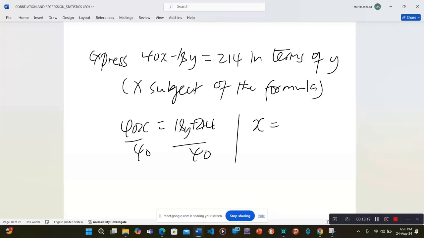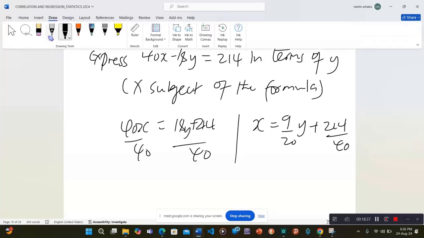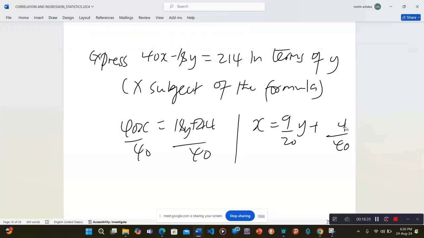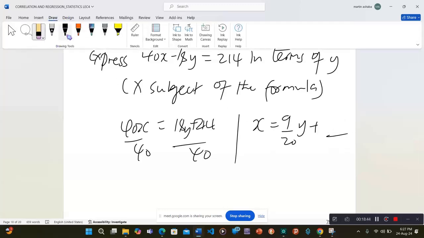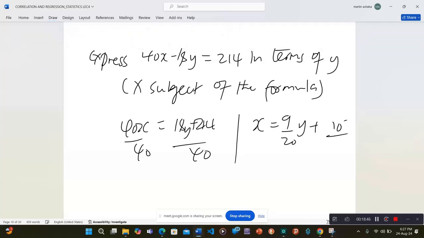My x is equal to 18 by 2, I have 9 out of 20 times y plus 214 divided by 40. Or if you wanted to also divide it by 2, this is 107, so you have 107 divided by 20.